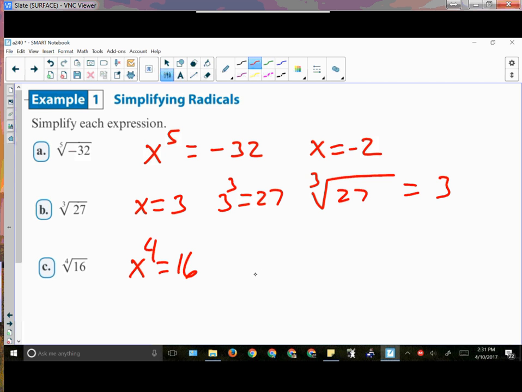In other words, 4 numbers have to get multiplied together to be equal to 16. Well, it turns out to be 2 again, because 2 times 2 is 4, times 2 is 8, times 2 is 16. So 2 to the fourth power gets us to 16. This is the thought process that you have to have.